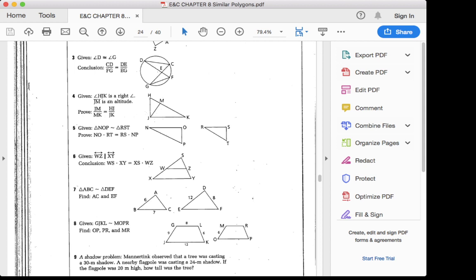That is our similarity statement. So I want to prove that NO times RT is equal to RS times NP. And our given statement says NOP is similar to RST, and that's given.